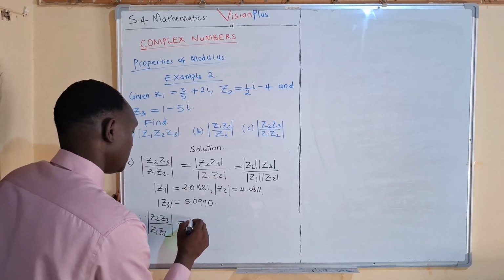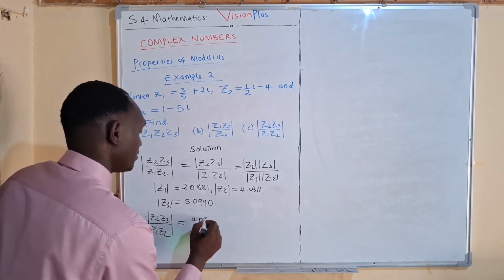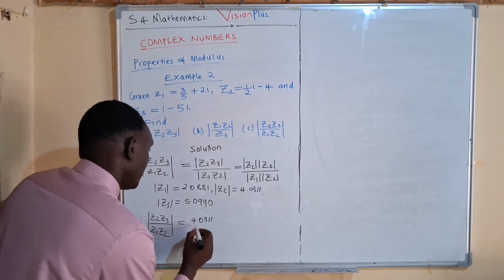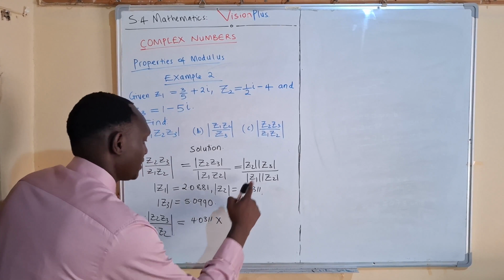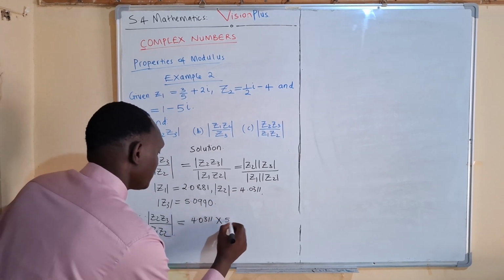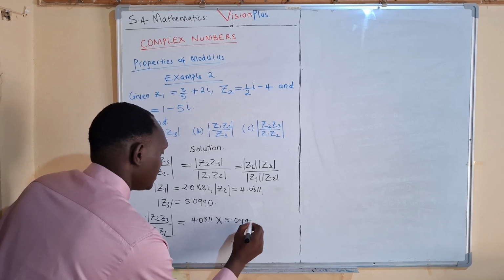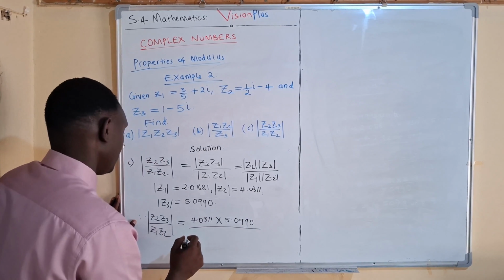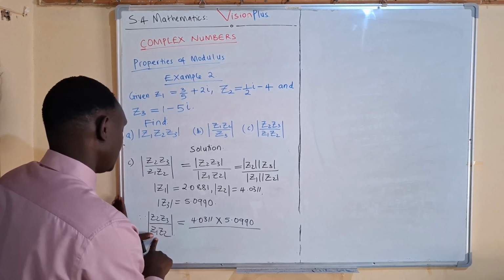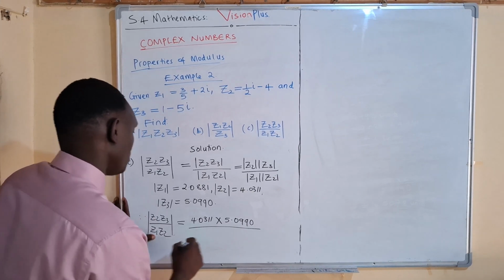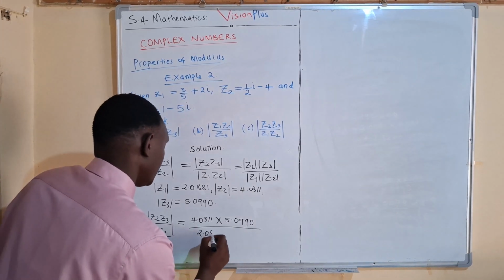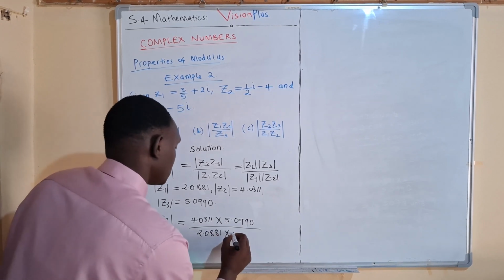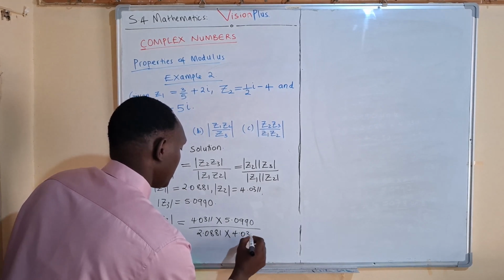Z2 is 4.0311 times Z3, which is 5.0990, divided by Z1, which was 2.0881, times Z2, which is 4.0311.